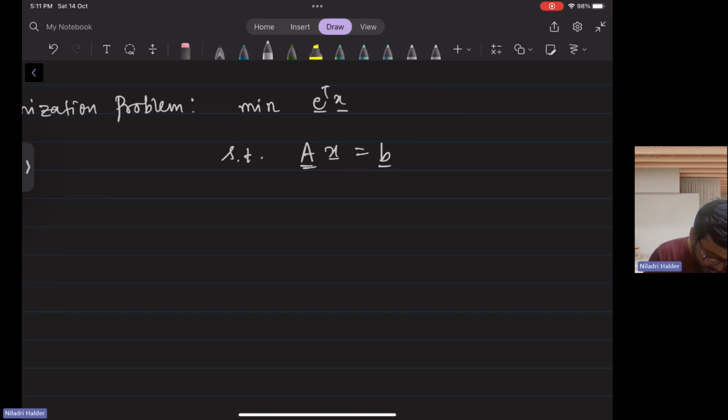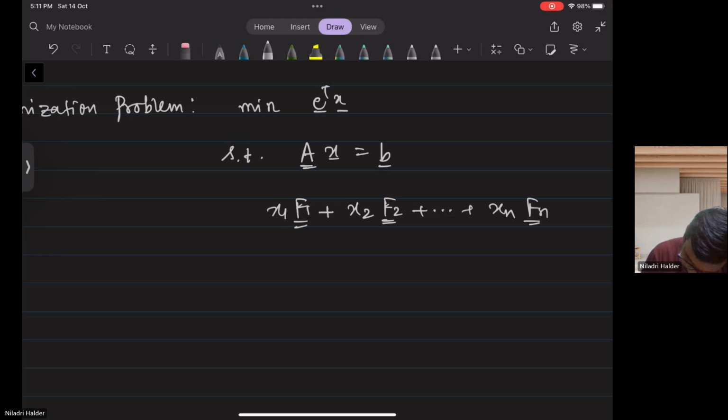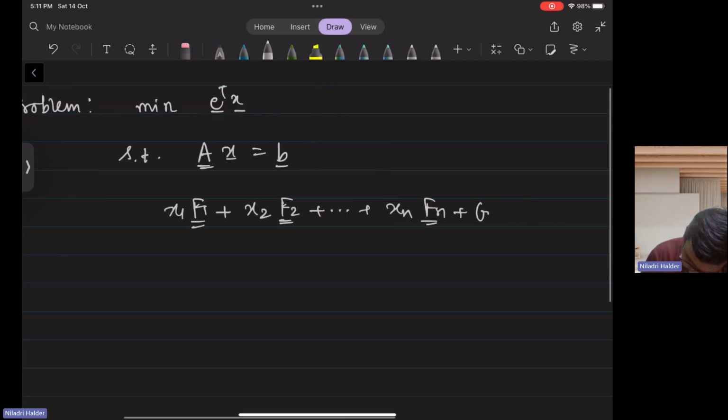So this is the equality constraint. Then one inequality constraint is that x1 F1, so F1 is a matrix, so x1 F1 plus x2 F2 plus ... xn Fn plus another matrix G all together is greater than or equal to 0.